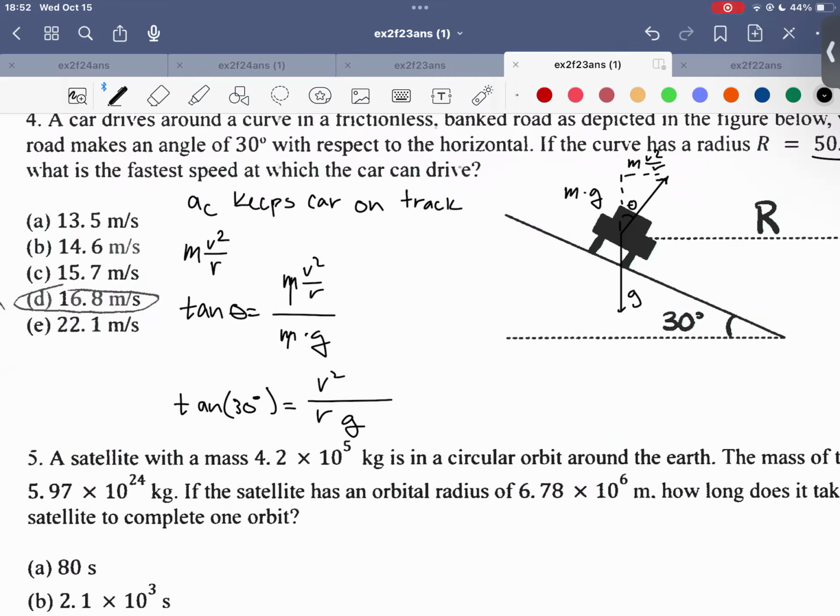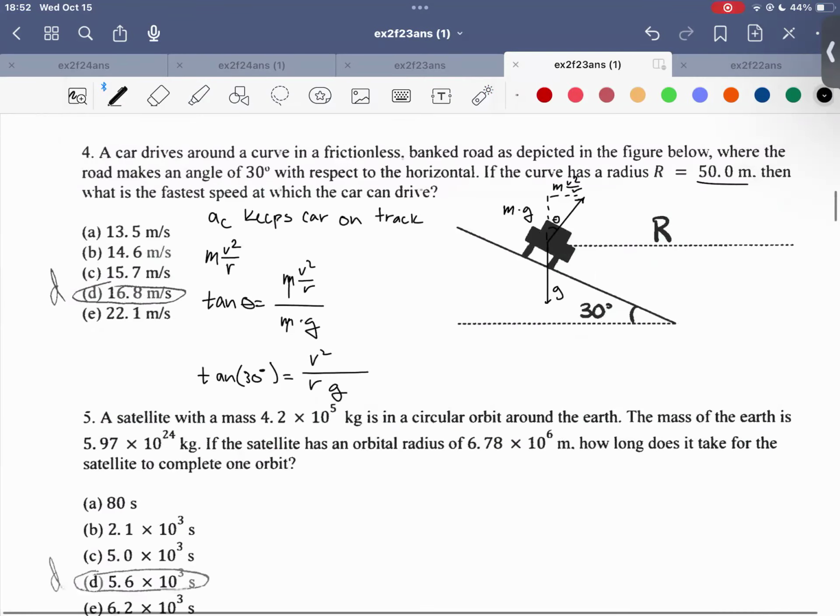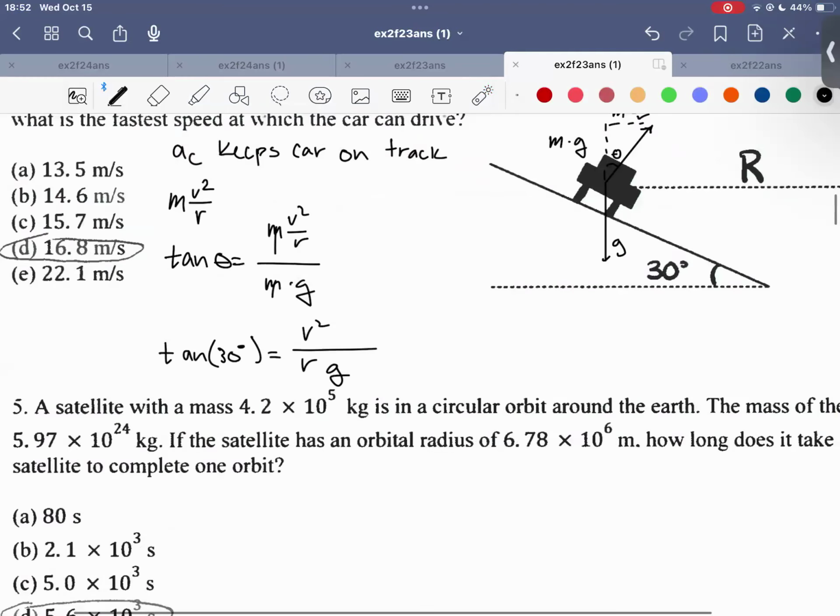And so then we solve for velocity, and we say that should give us the answer, tan theta times 50 times 9.81 square root. Yeah, that's right.